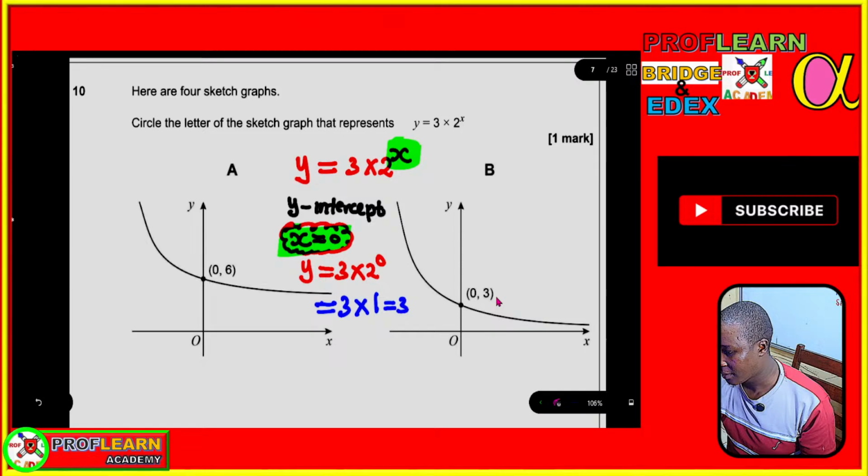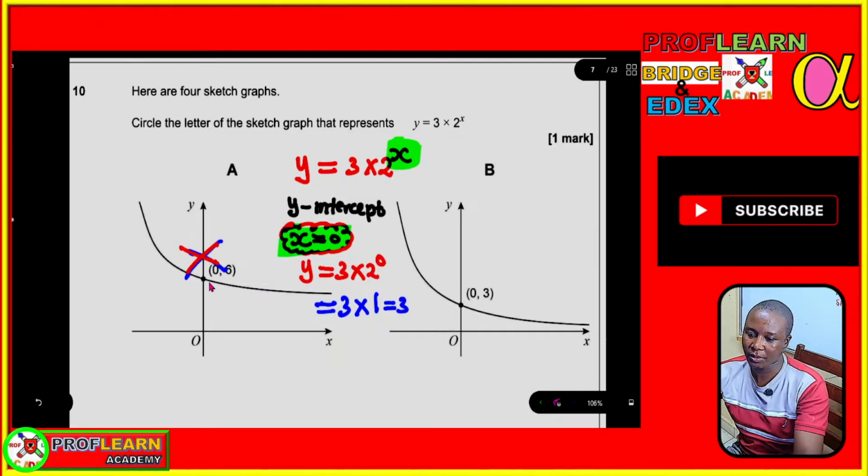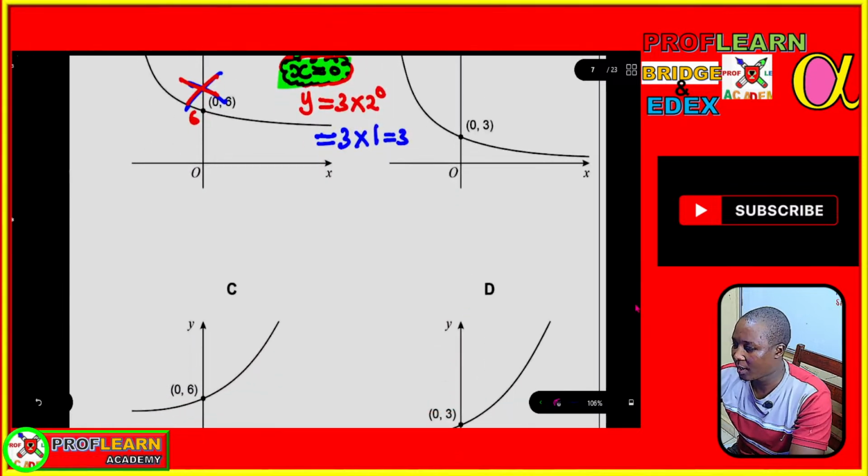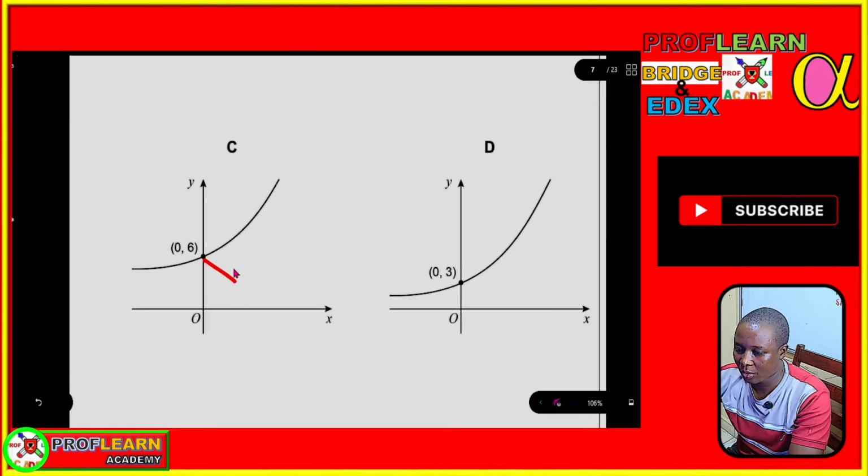So you can see this part, this is not correct. This is wrong. We eliminate this from the word go because the intercept is at 6, which is wrong. And this one here is also wrong. So we are remaining with D and that.